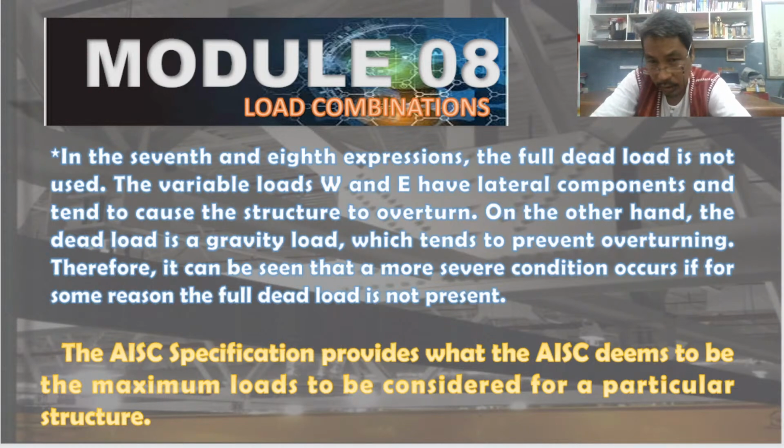If we overturn the structure, one part of the whole structure would experience compression, and the opposite part would experience tension. On the other hand, the dead load is a gravity load which tends to prevent overturning.